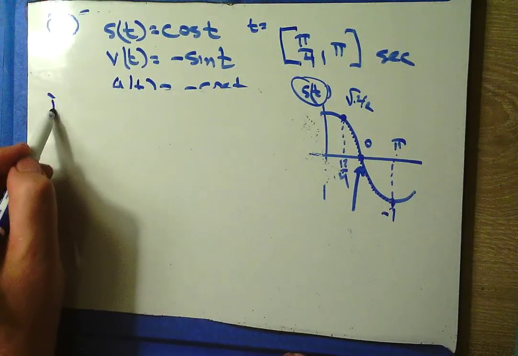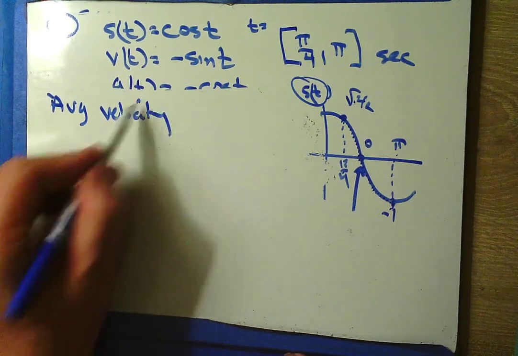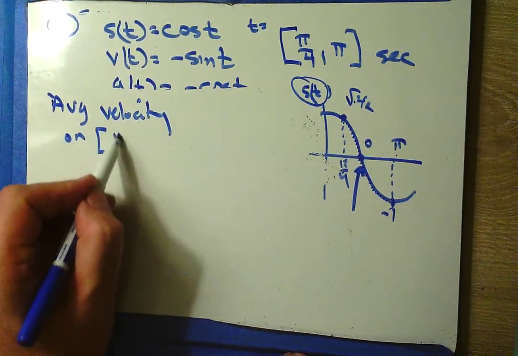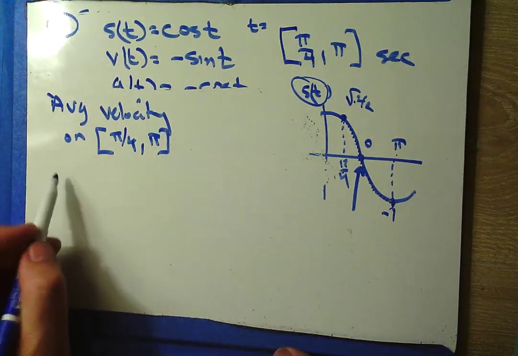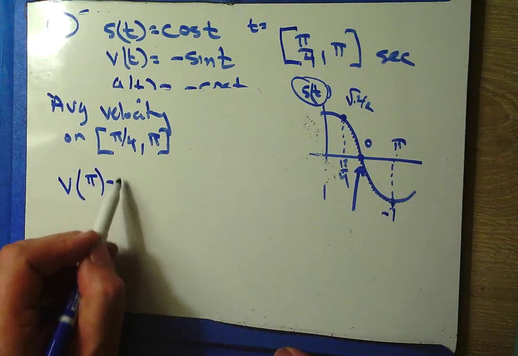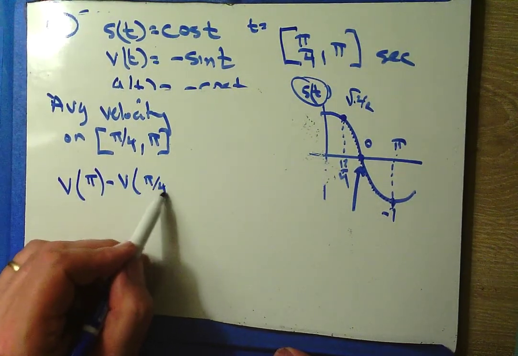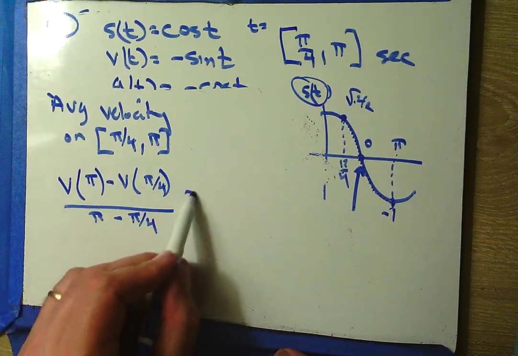Okay? Next, what is the average velocity on pi over 4 to pi? Is average velocity v of pi minus v of pi over 4 over pi minus pi over 4?